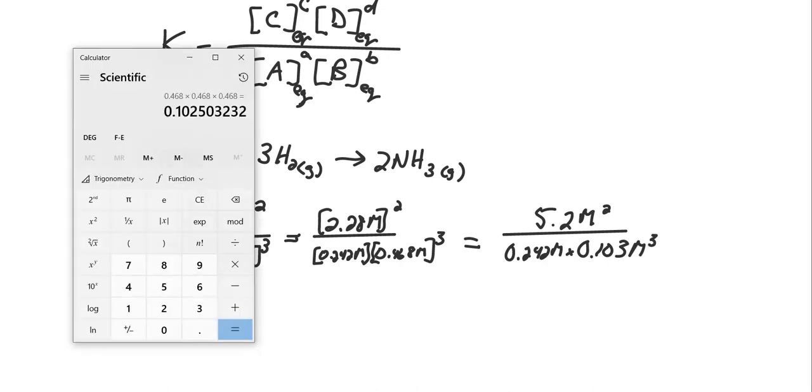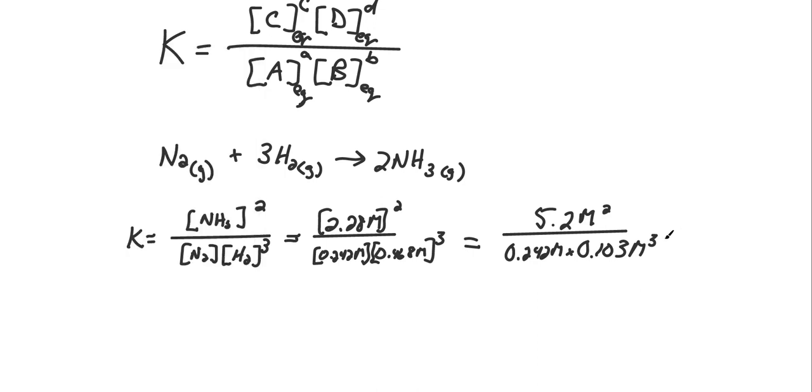So if we go back to this and we take our 5.2 divided by 0.242 divided by 0.103, we're going to get, looks like 208, 209, equals 209.